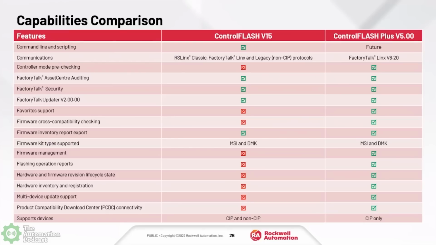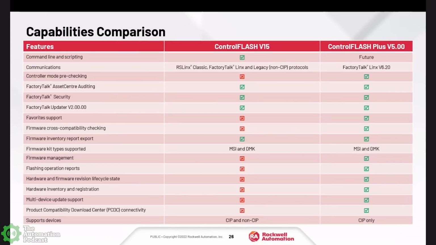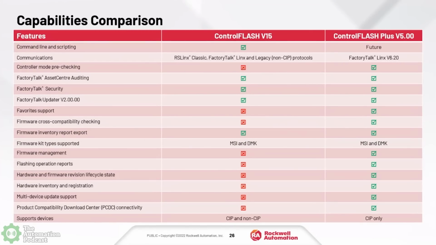Are you trying to do multi-device upgrade support? I don't think there's any issue with staying with Control Flash in the meantime. But as you're moving forward with version lifecycle management, I would recommend going to Control Flash Plus, because you're getting all those added benefits and you're going to truly be able to enable the most up-to-date technology when using it on your work system.